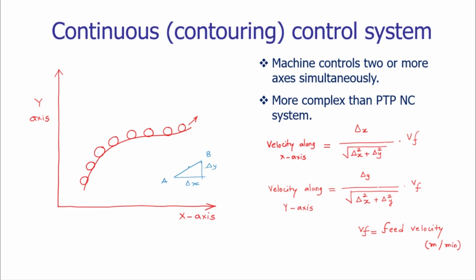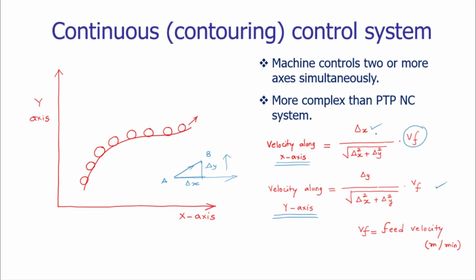So the velocity to reach point B is dependent upon this correlation. The drive which is controlling the x-axis will have the velocity given by this formula, and the drive which is responsible for the motion along the y-axis is generating the signals by using this correlation.